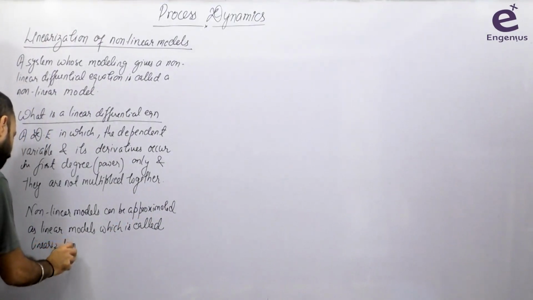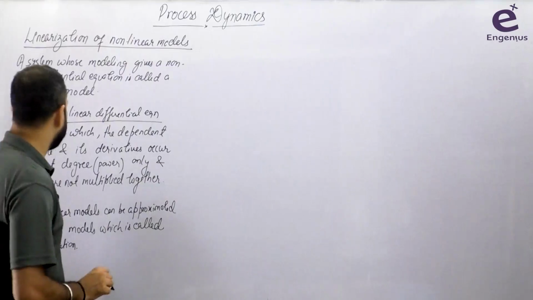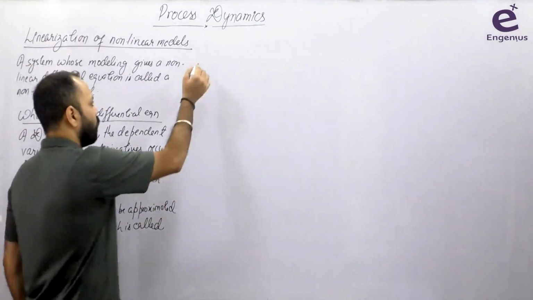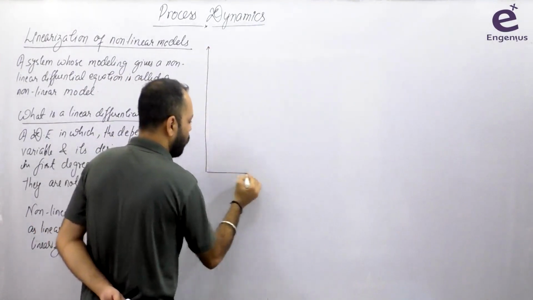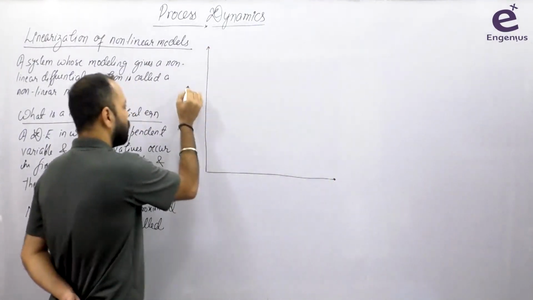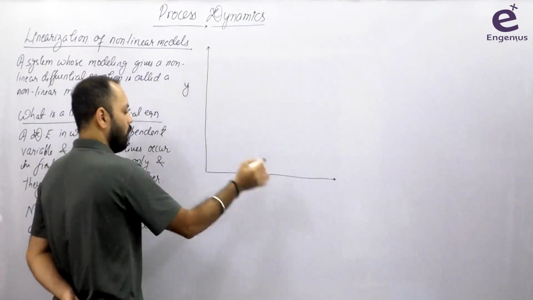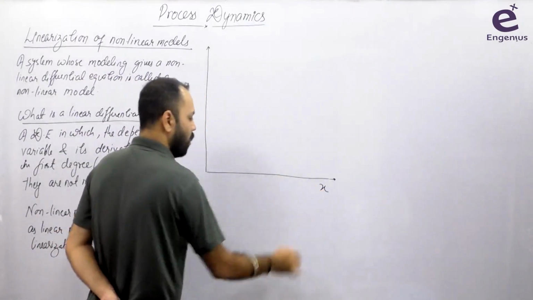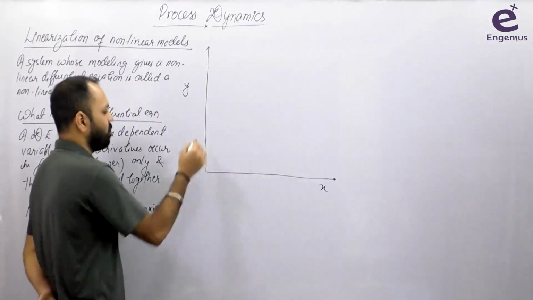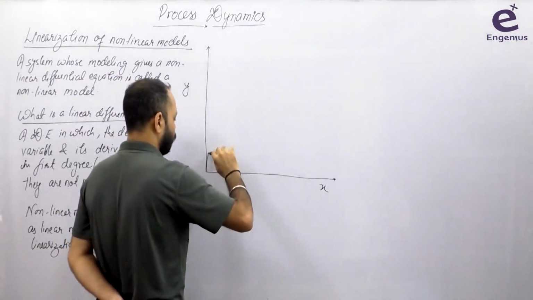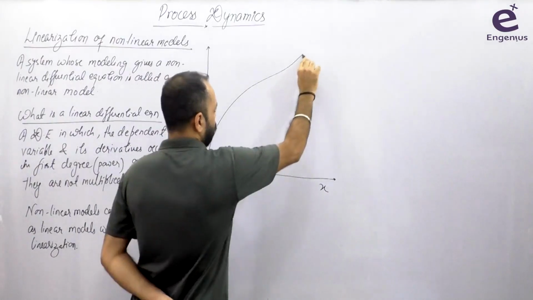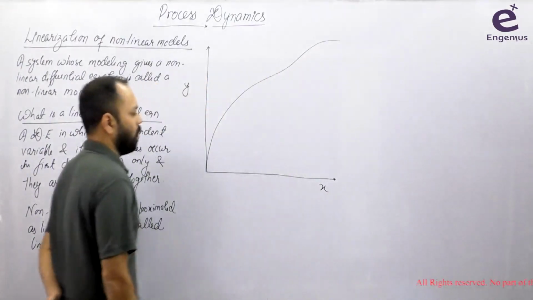I'll tell you how. Suppose we have a graph between y and x. There is a relation, y, which is some function of x. Suppose we have this kind of graph, some random kind of graph.